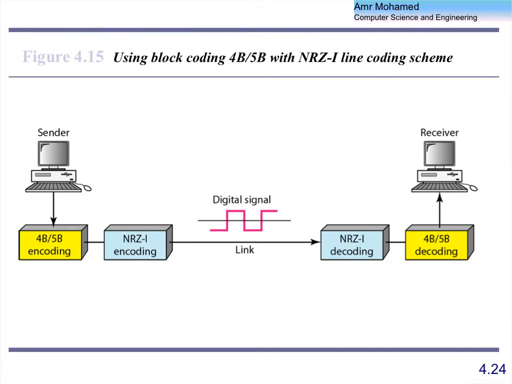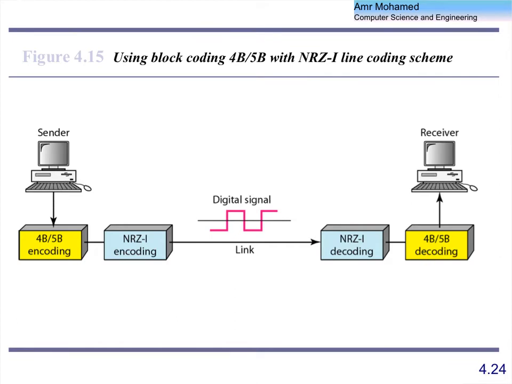So what is the overhead here? It's 1/4. We added 25% overhead. So you have a specific number of bits coming, and you added 25% to these bits before you apply the non-return to 0, in order to gain those 2 features, the self-synchronization and the error detection. So we had to pay some cost.